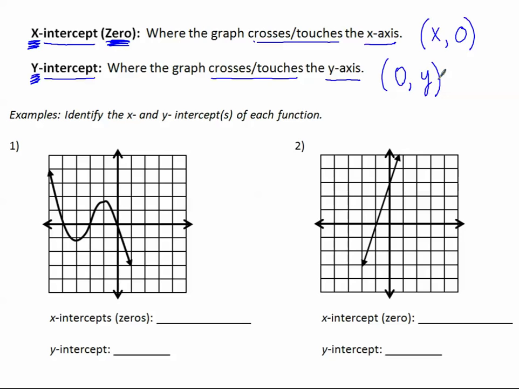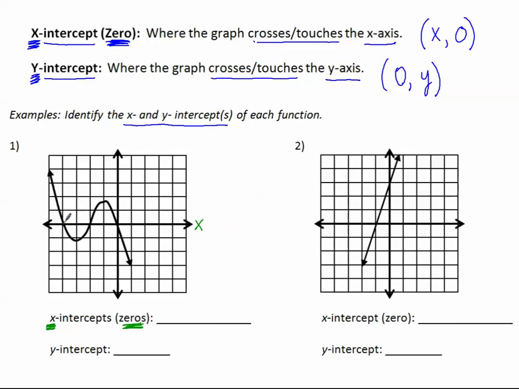Let's look at some functions to identify the x and y-intercepts of each function. Let's start with the x-intercepts, or the zeros. So remember the x-axis, horizontal. Here's our x-axis. Let's label it.